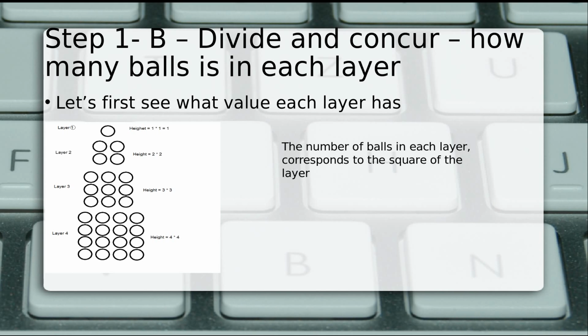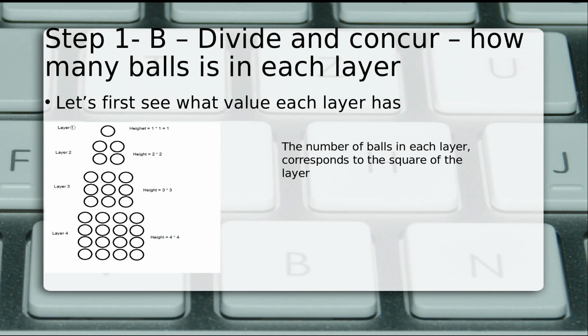Layer 3 has 9 balls in it, 1 through 9, which is 3 times 3. Layer 4 has 16: 4 times 4 gives us 16. So now we know how the layer relates to the number of balls in every layer.